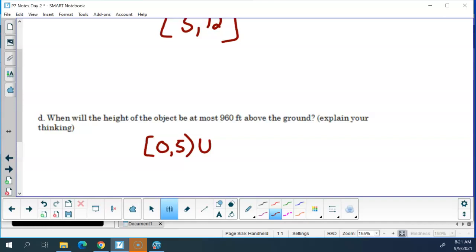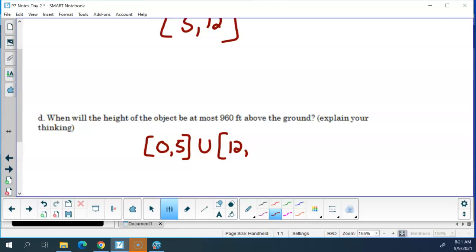Why are we thinking inclusive at 5? At most. And just like we said at least before, I would go inclusive there too. And what's the other one? 12, right? It's got to be bigger than 12, right? Yeah. Why 17?